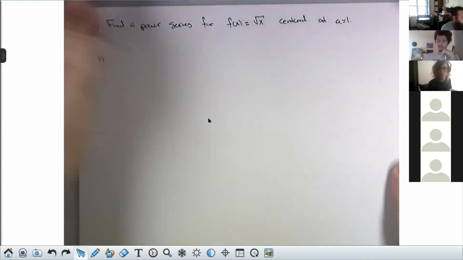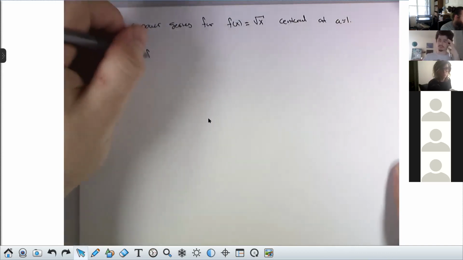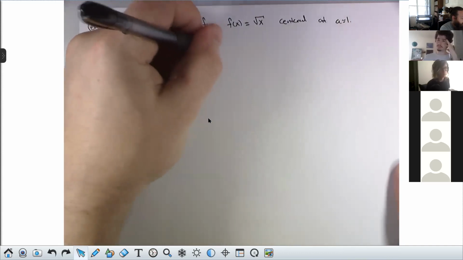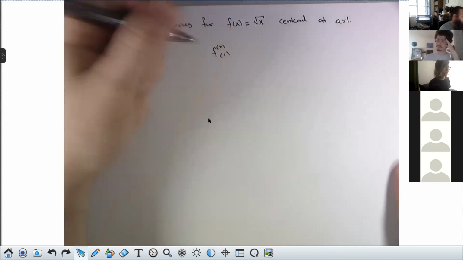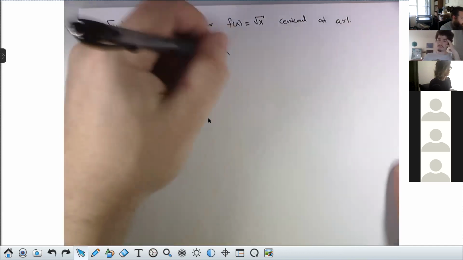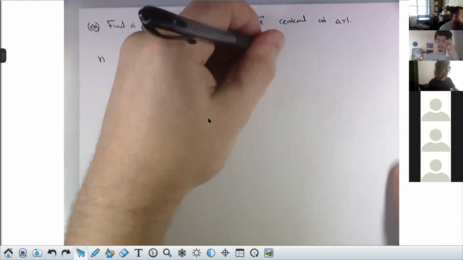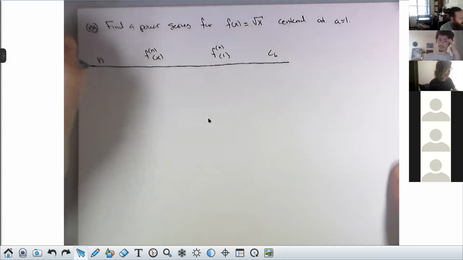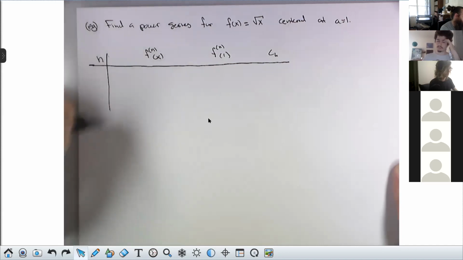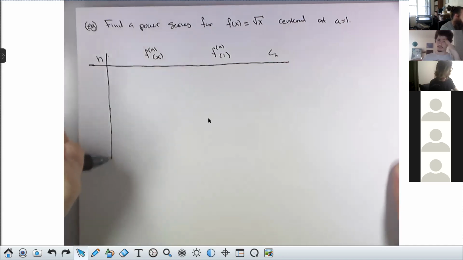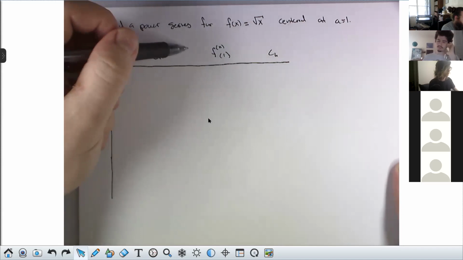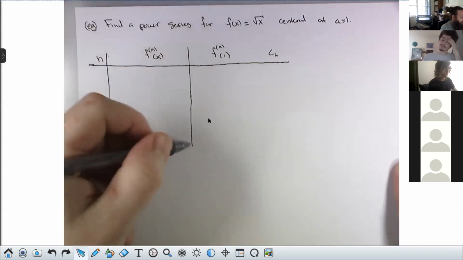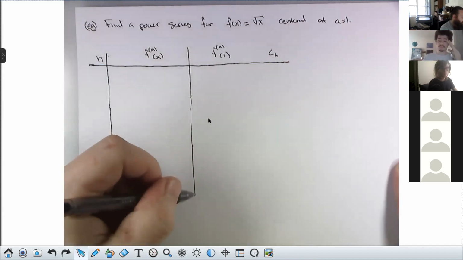Meaning I'm going to build that table. Here I'm going to give myself some space because these derivatives will get a little bit complicated. f^(n) of a here is f^(n) of 1, and c_n. Remember those odd factorial-like products? The reason I had to show you those earlier is in preparation for this problem.